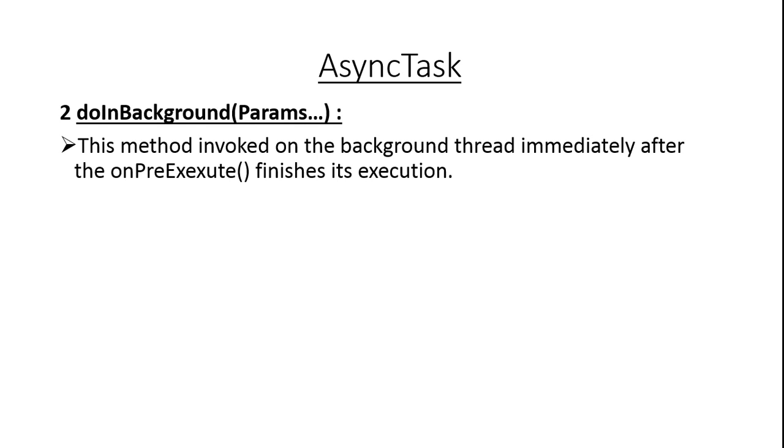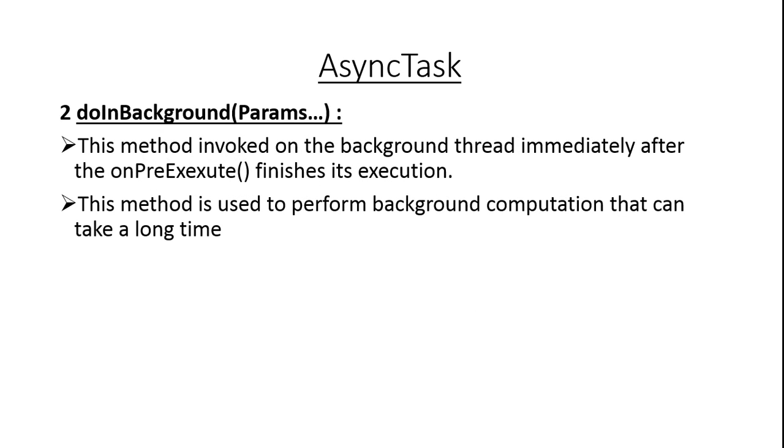So after finishing the onPreExecute method, the Android system will call the doInBackground method, and you can place the background task within this method. This method is used to perform background computation that can take a long time, for example, downloading a file from the internet. You can place the code for downloading a file from the internet within this method.